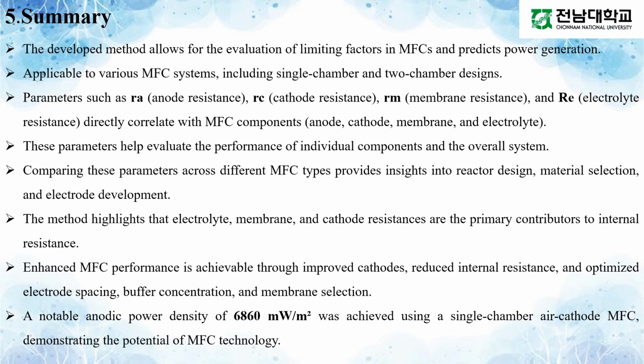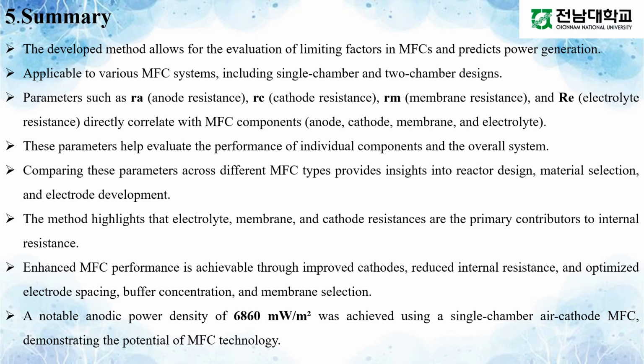Parameters such as Ra, anode resistance, Rc, cathode resistance, Rm, membrane resistance, and Re, electrolyte resistance, directly correlate with microbial fuel cell components: anode, cathode, membrane, and electrolyte. These parameters help evaluate the performance of individual components and the overall system. Comparing these parameters across different microbial fuel cell types provides insights into reactor design, material selection, and electrode development.